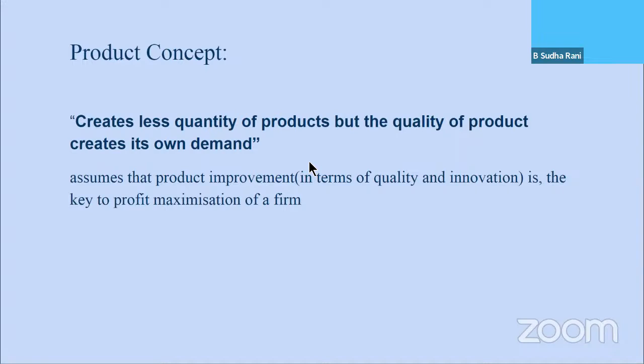Out of this 100, 2 sellers are already there, and 4 more sellers came forward to sell the same product. So earlier, only 2 sellers were selling to the entire 99 consumers, whereas now, after a few days, 4 more sellers came forward.